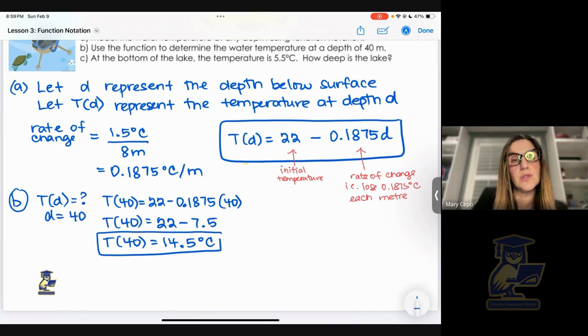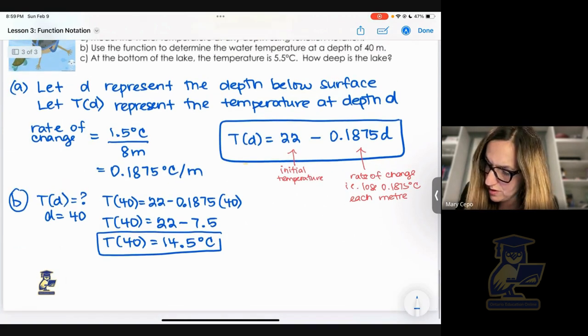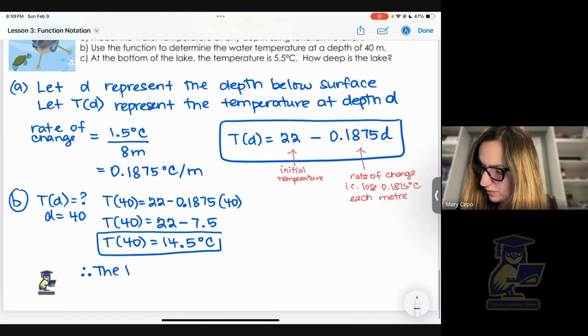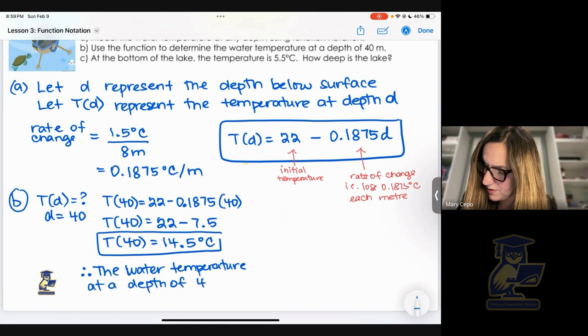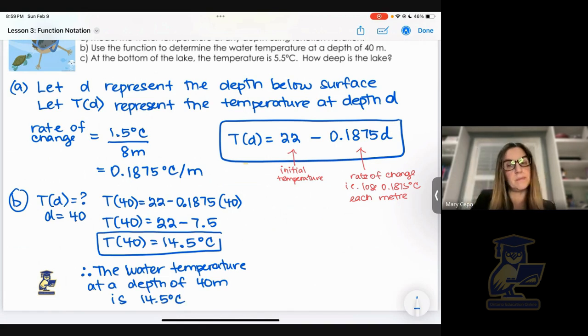It says use the function to determine the water temperature at a depth of 40 meters. Therefore, the water temperature at a depth of 40 meters is 14.5 degrees Celsius.